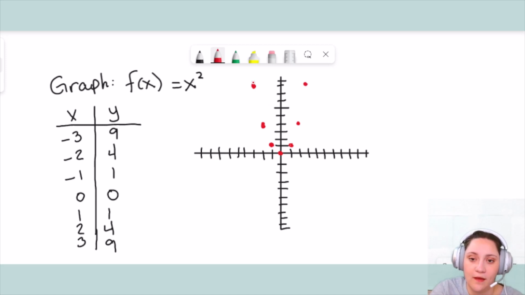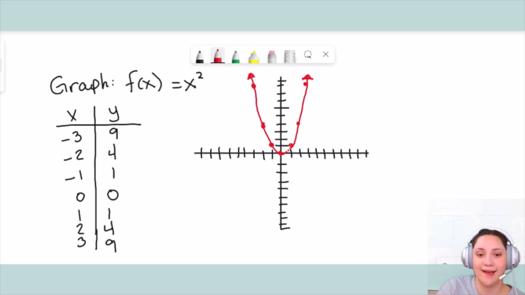So then I draw a curve through all of these points, and it's going to continue in both of these directions. So I draw my arrows, and there is my graph. And this shape is a parabola.